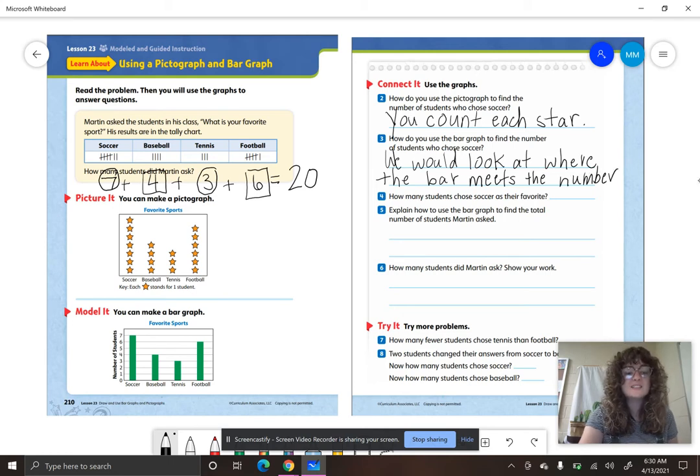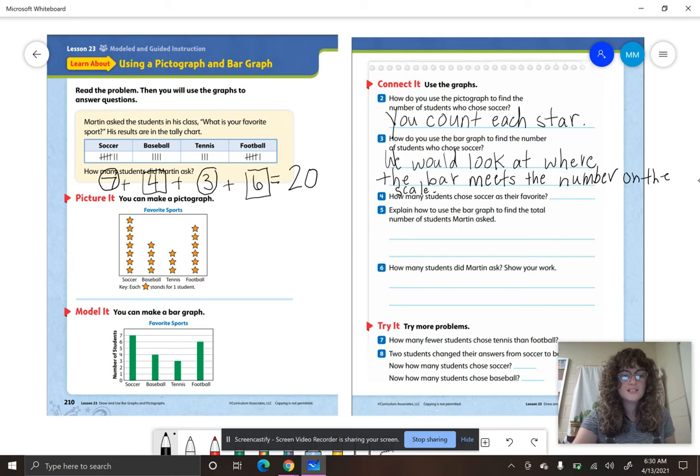This on the side, Smarties, the number of students, those numbers, that is called a scale. I'm going to write scale really small here. All right. How many students chose soccer as their favorite sport, Smarties? You can look at your bar graph or your pictograph.